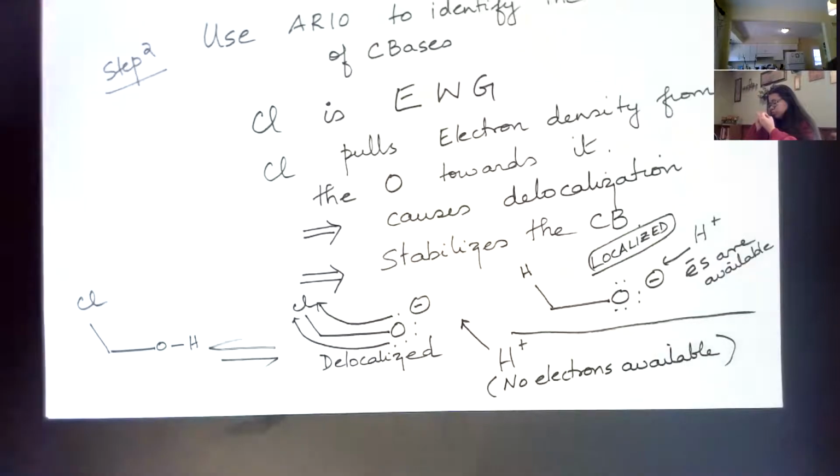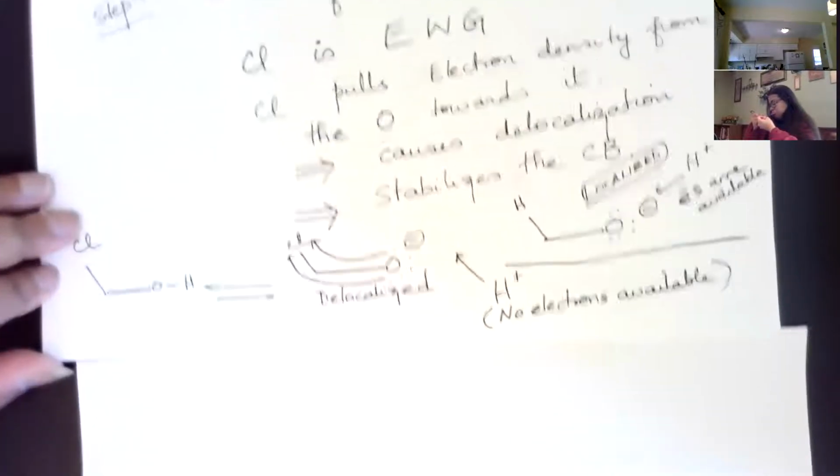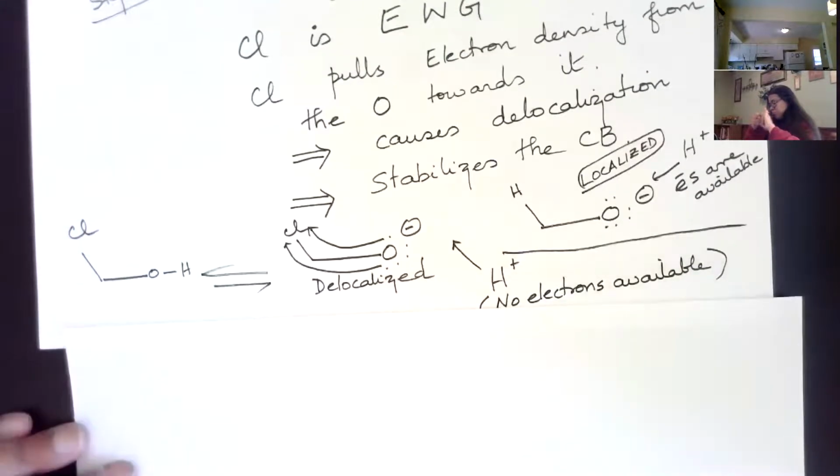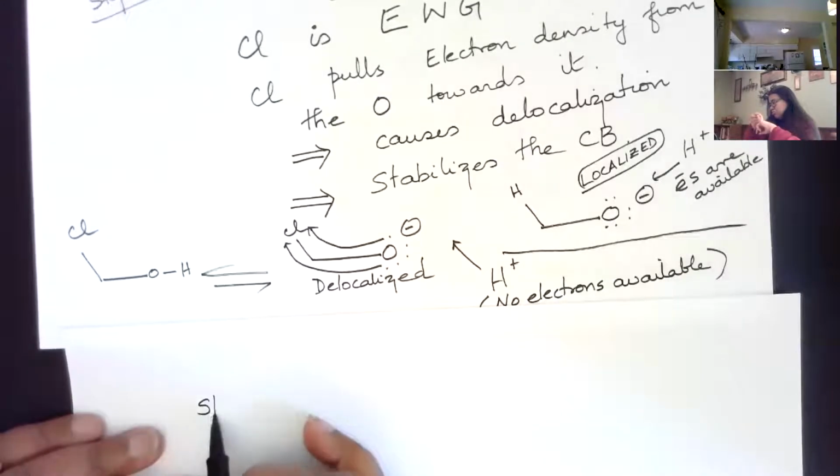So you have to look at it in full circle. Anybody else have questions? Because we're going to look at this quite a bit here and also in 22. So the more chlorines that are added, the more delocalized it will be.